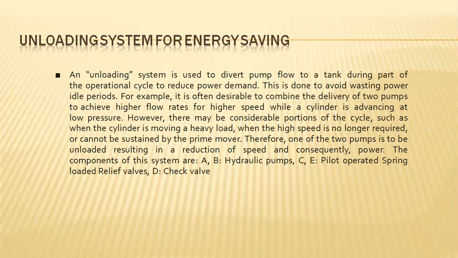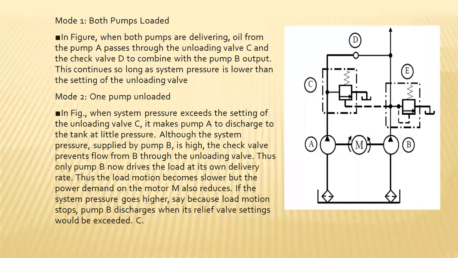So loading conditions will be occurring, and for the plant operation, if the raw material has arrived at the company, the unloading also has to be maintained simultaneously. So an unloading system for energy saving, and even the operating conditions for both systems simultaneously with a single motor, plays a major crucial role.